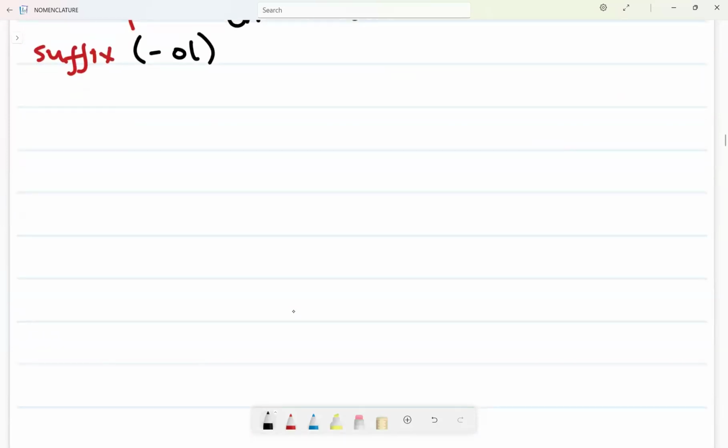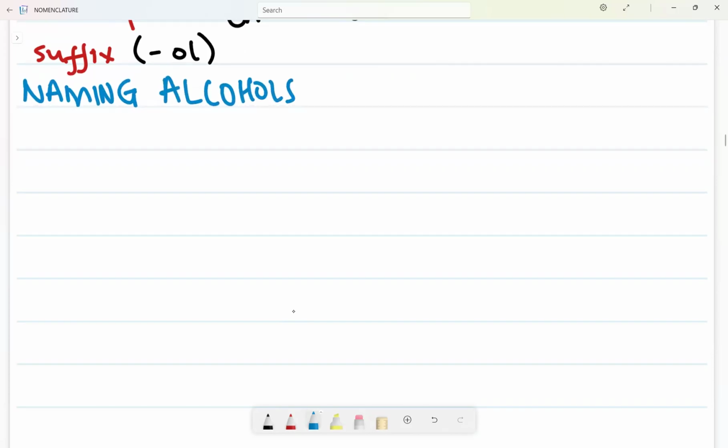So we'll have here naming on alcohols. On this one we prioritize the hydroxyl group.